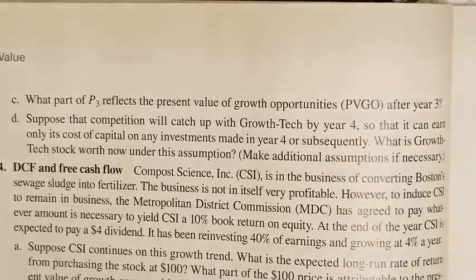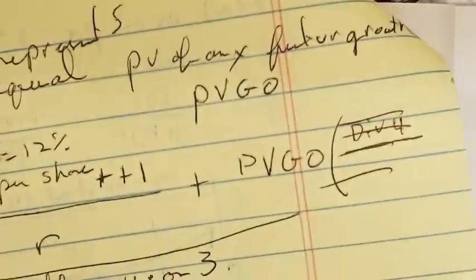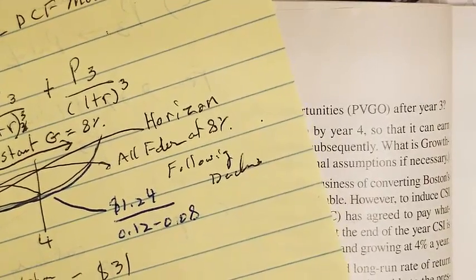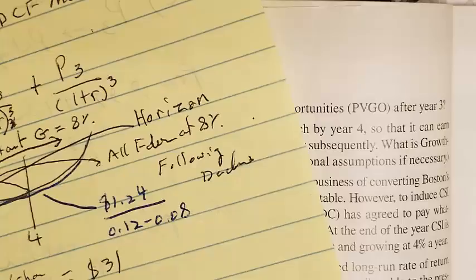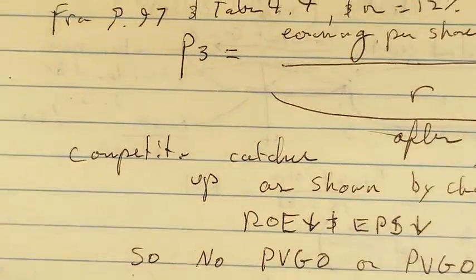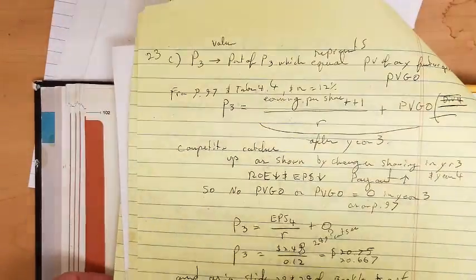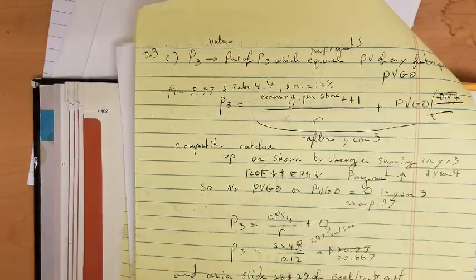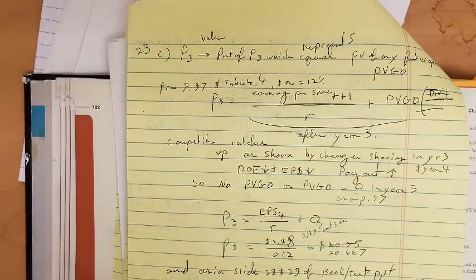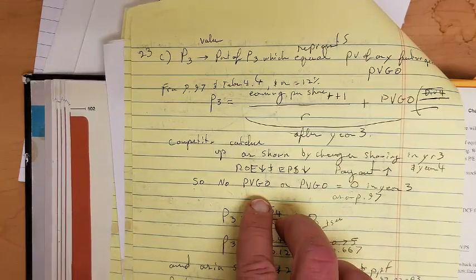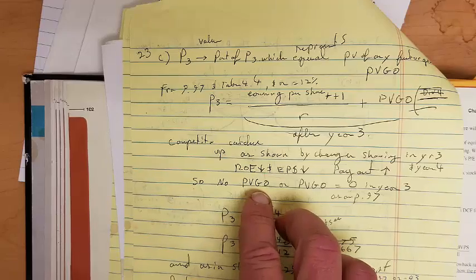Looking again at this problem, as we look at year 3, and I am looking at my notes here. In 23, you want to borrow from page 97, where it talks about competition coming up. Actually there's no growth, no PVGO, no present value of future growth opportunities.